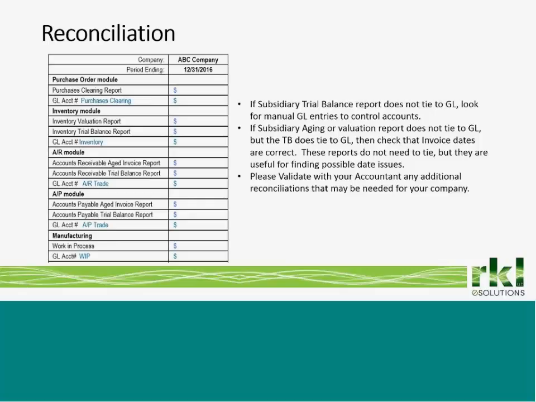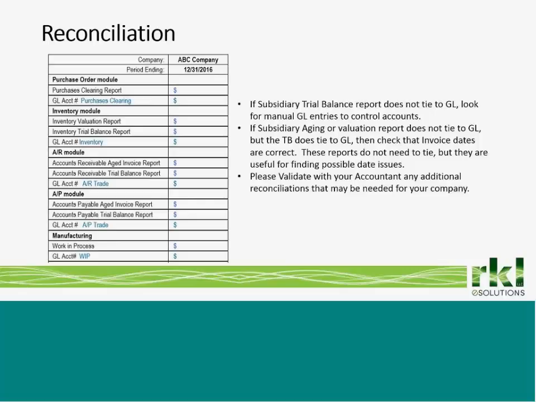For example, I'm starting to put transactions in for January 2017, and maybe I'm backdating something in December, and I accidentally type in December 2017, or the other way around, I put in January 2016. So if those reports don't tie, oftentimes it means that an invoice date is not the same as the period it got posted into. So it's not wrong, but just be aware of what the difference is between those reports.